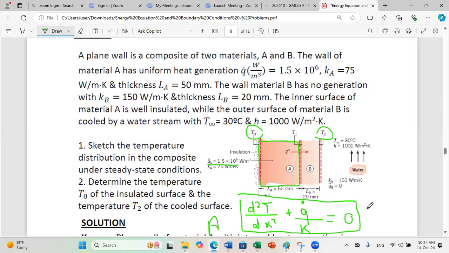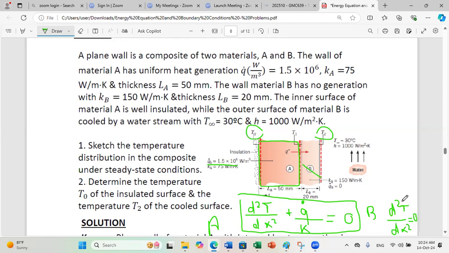For material B, the difference is that we don't have generation. So for material B, we just have second derivative of T with respect to x equal to 0. And you can say that the derivative of T with respect to x is constant. Because the derivative of T with respect to x is constant in material B, then we can say that variation of temperature in B is linear.